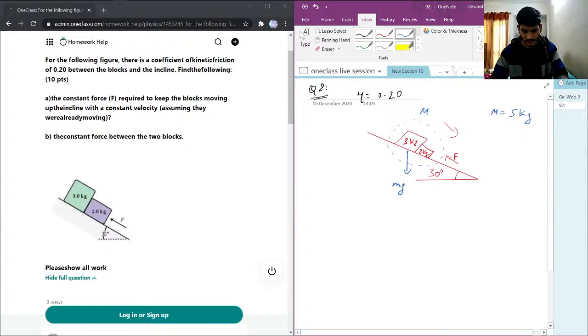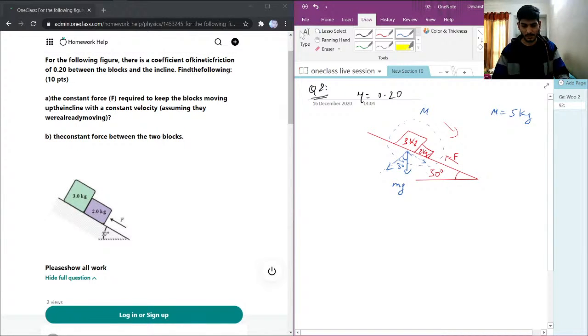Then we can take the components of force. This will be normal. So this angle is going to be 30 degrees, because this one is 30.